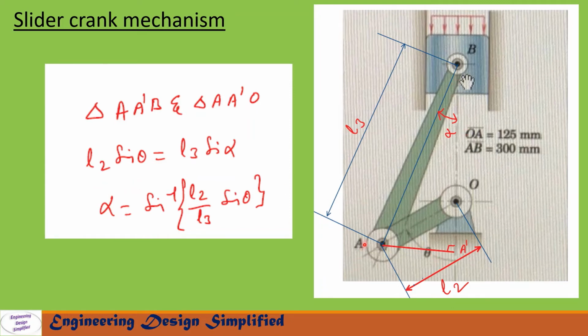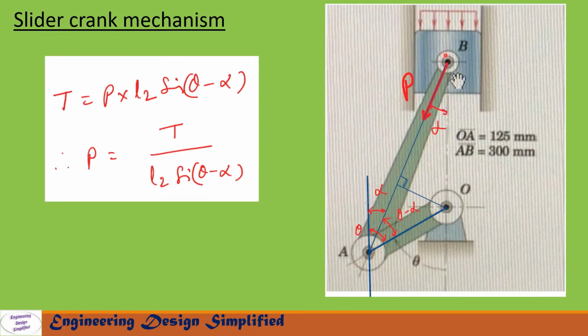Now from the triangle A prime B, let us write AA prime equal to L3 into sine alpha. So L2 sine theta equal to L3 sine alpha. From this expression we can write alpha equal to sine inverse of L2 by L3 into sine theta.